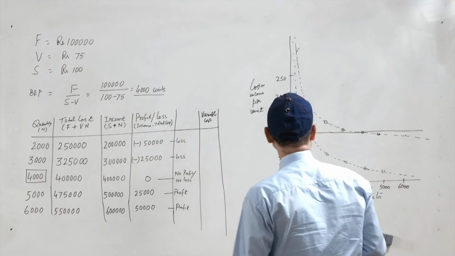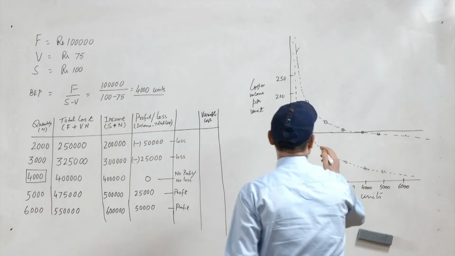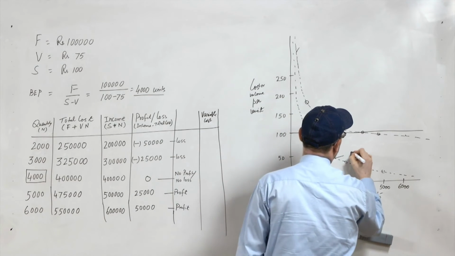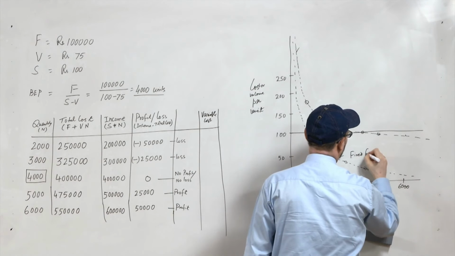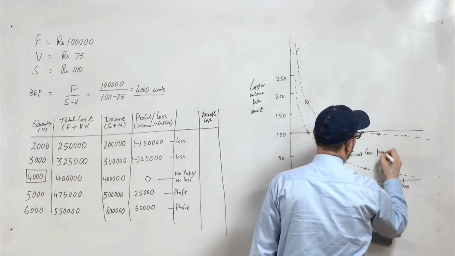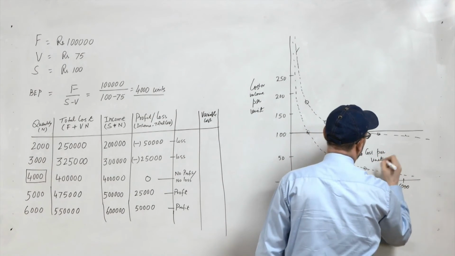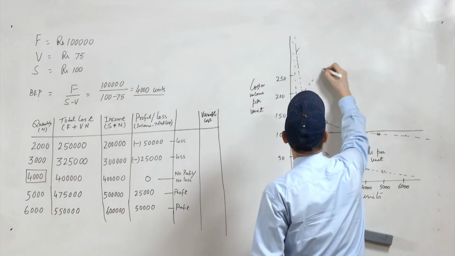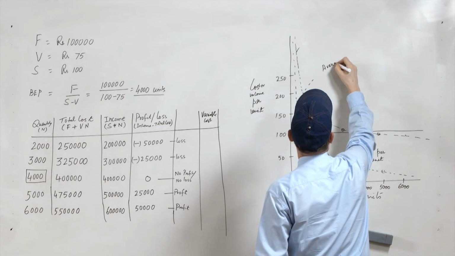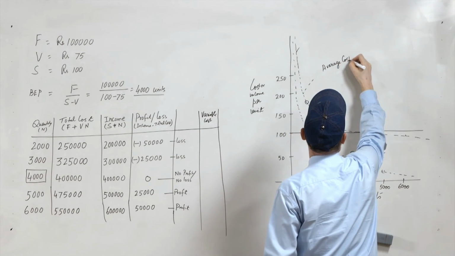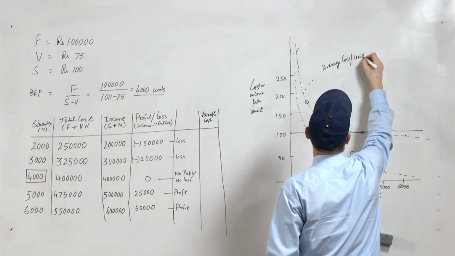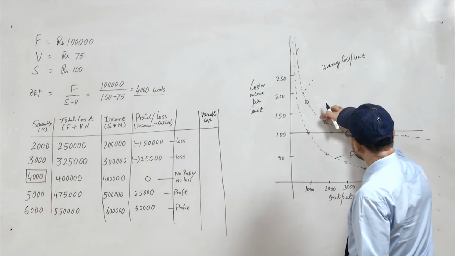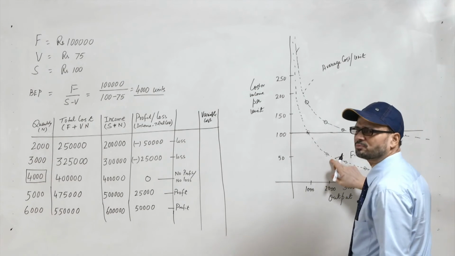So, what we see is you have this as the fixed cost per unit line. Then this line is the average cost per unit line. This is the average cost and this is the fixed cost per unit.